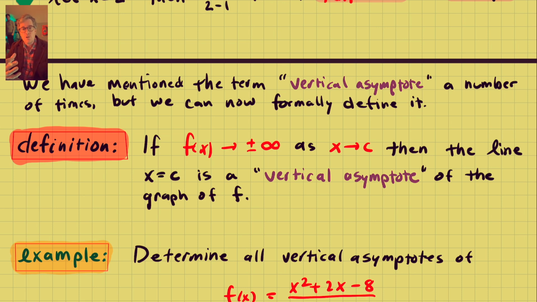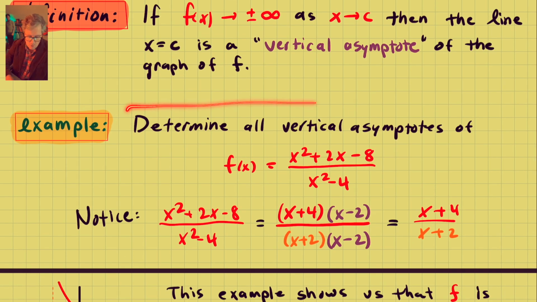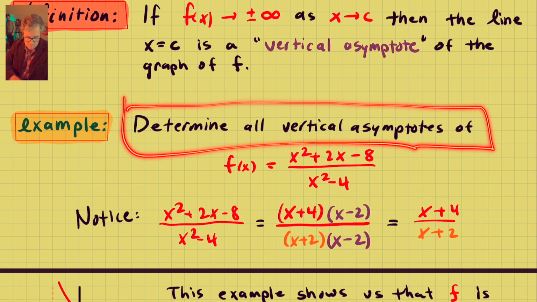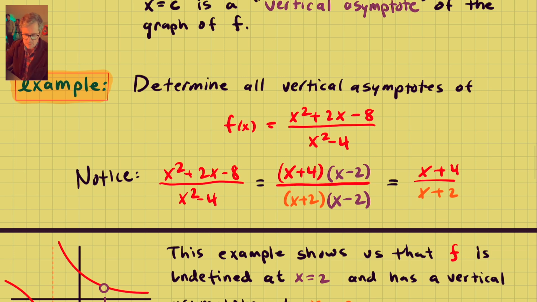Okay, and so we can use limits now to identify vertical asymptotes, and let's take a look at an example of that. So let's determine all the vertical asymptotes of the function f of x equals x squared plus 2x minus 8 over x squared minus 4. Okay, so I've got a ratio of two polynomials here. And when you have the ratio of two polynomials, what you might be inclined to do is some factoring. And indeed, you can factor these nicely.